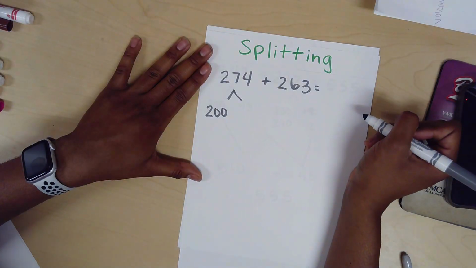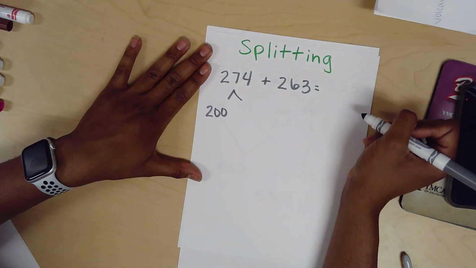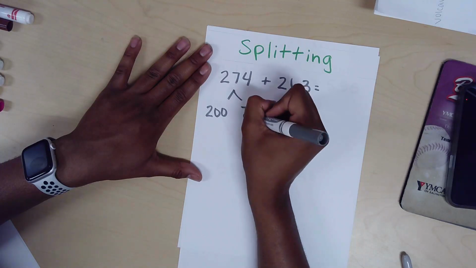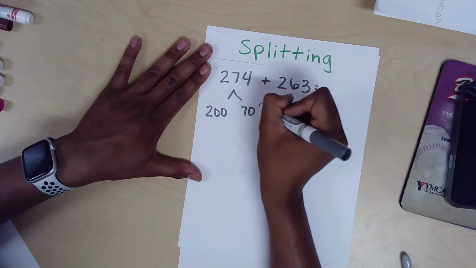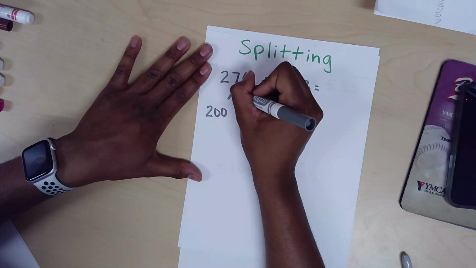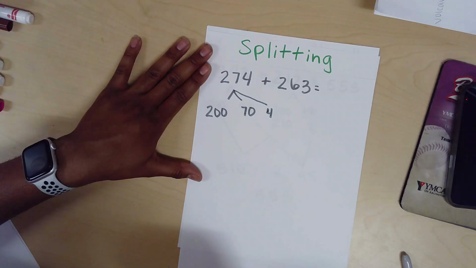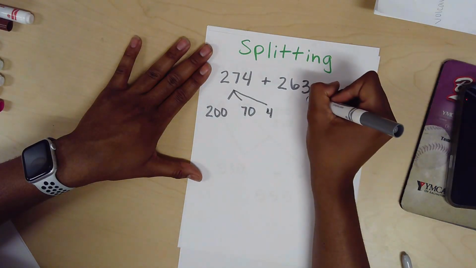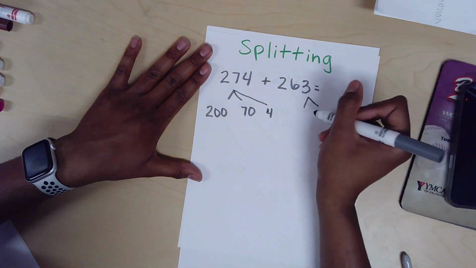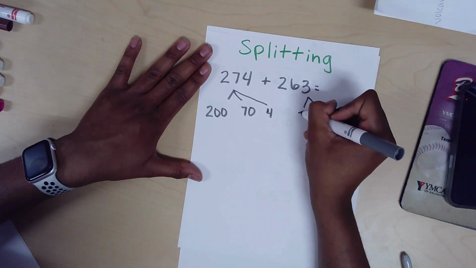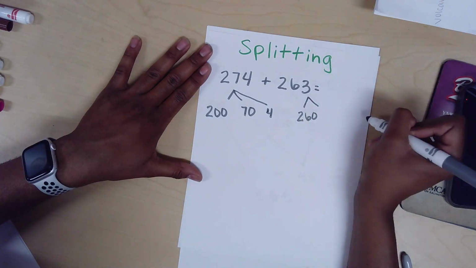I really want to do 74, but that's not realistic. Let's do 300 and let's do 200, and then let's keep it as 70. And I'm going to add one more line and do 4, which is basically doing it like expanded form. But, you know, it's whatever your kiddo saw. Maybe this time I want to keep it as 260 and 3.